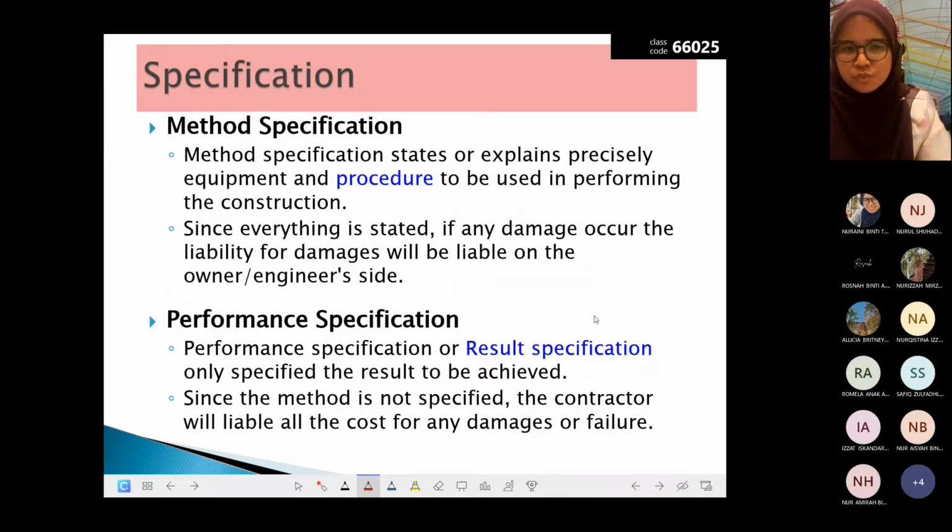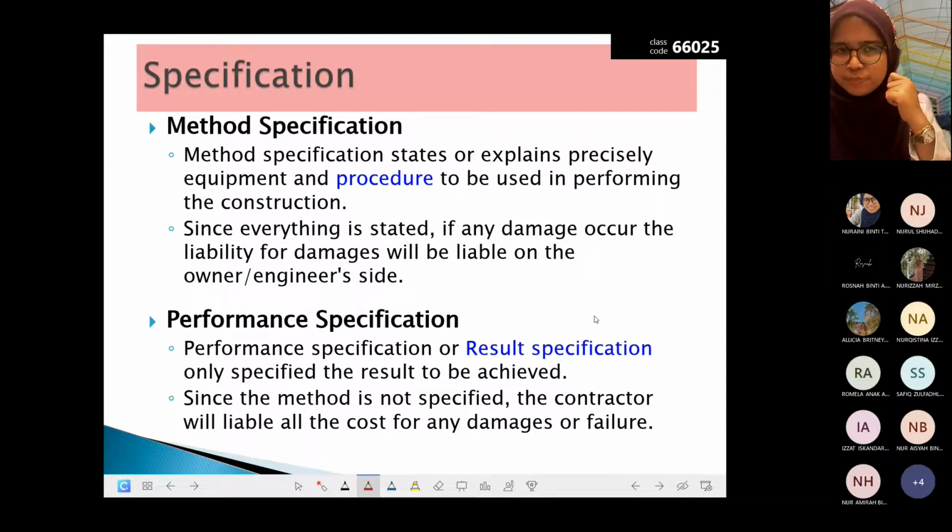Okay, so specification ada dua, on method and also performance. Method ni maksudnya dia dah describe precisely the procedure macam kita buat lab report kan, kita letak first step buat apa, second sampai kita dapat result. Kalau performance specification, so doesn't matter the procedure as long as you achieve the result.